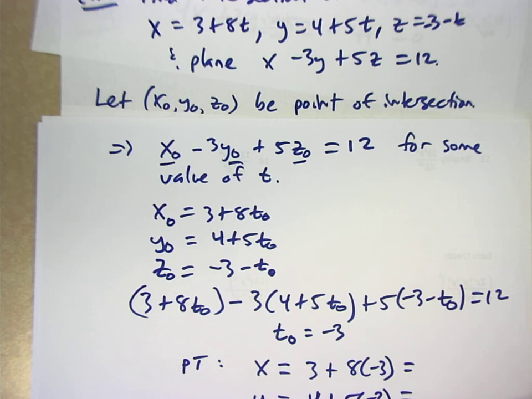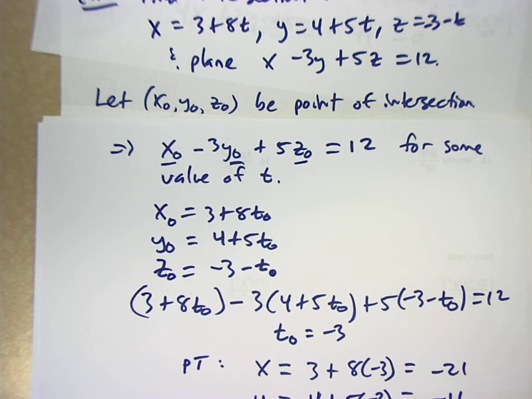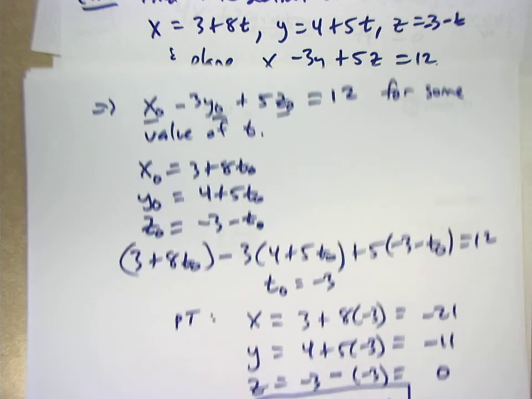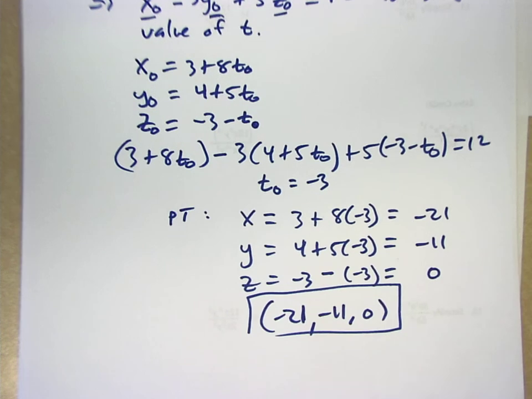And so when you do that, you get negative 21, negative 11, and 0. And so there's your point of intersection. Okay? All right.